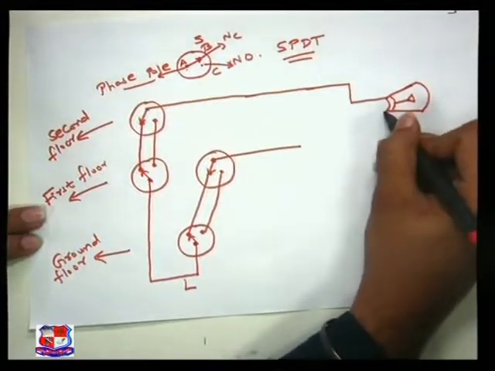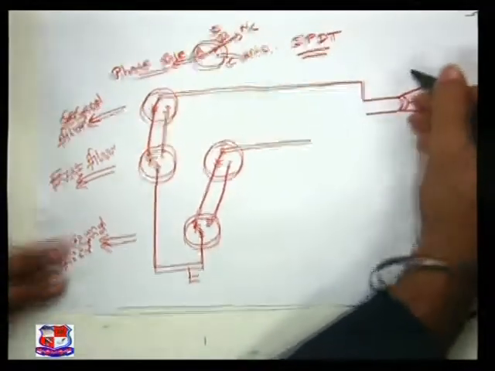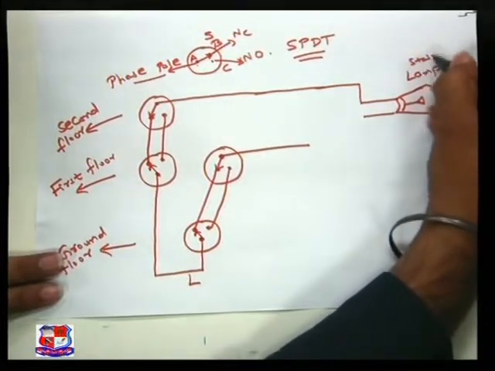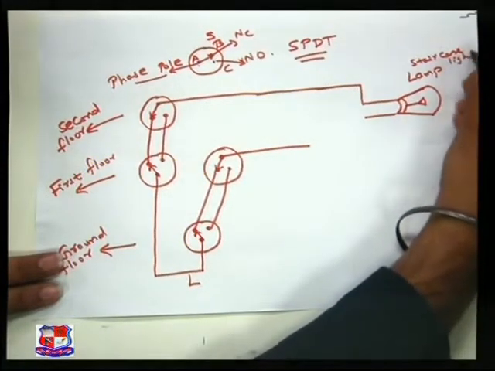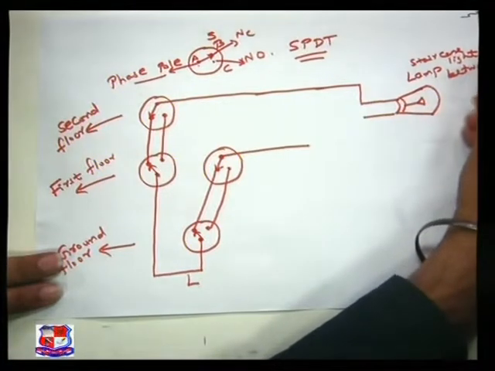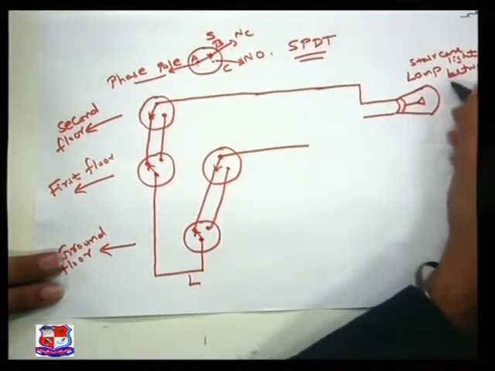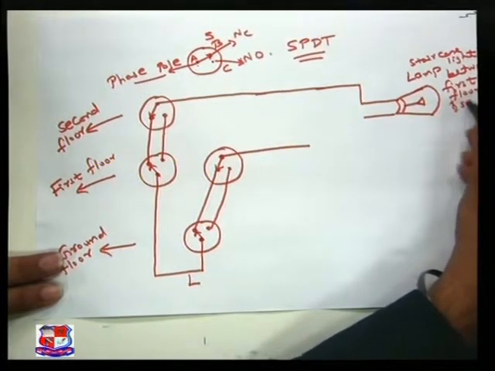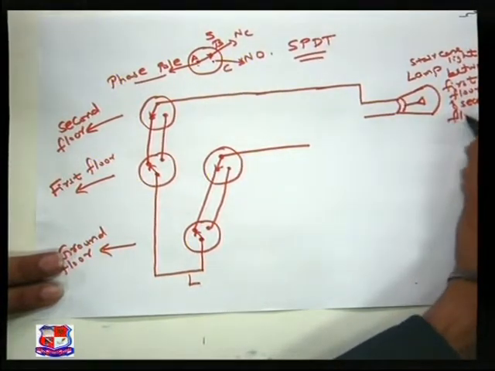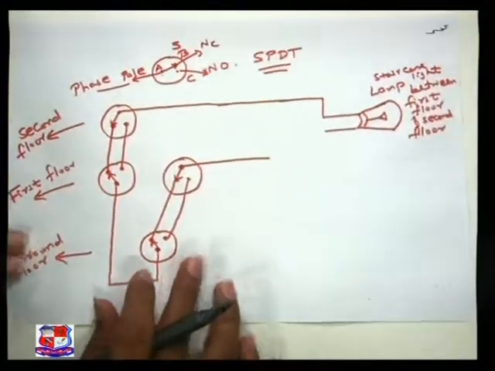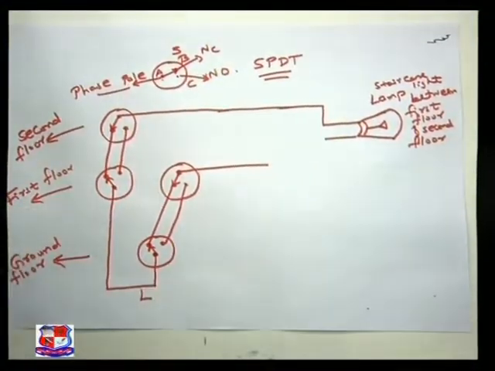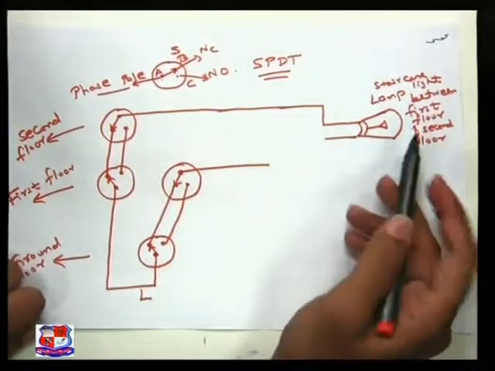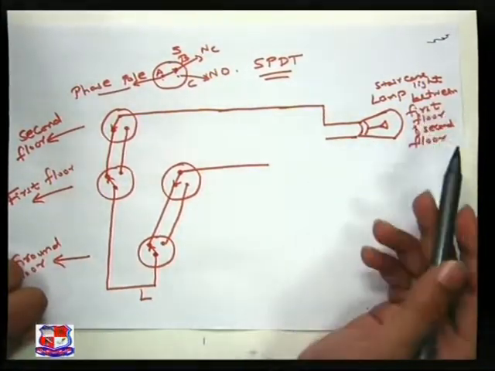So this is our lamp 1, or you can say staircase light, between the first floor and second floor. Right, if you see, this is the first lamp, that is the staircase light between the first floor and second floor.